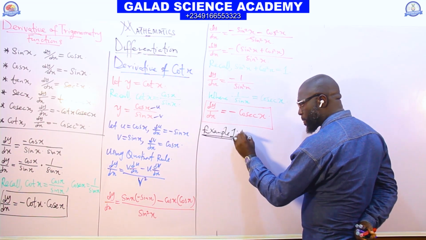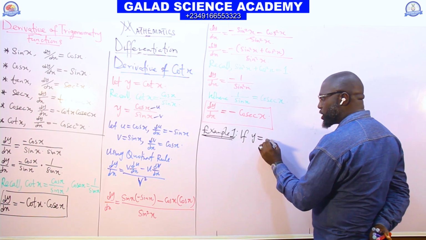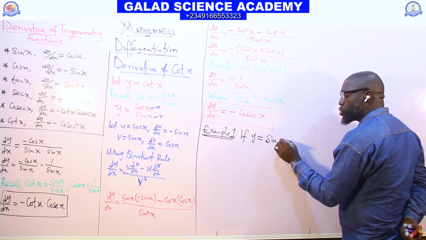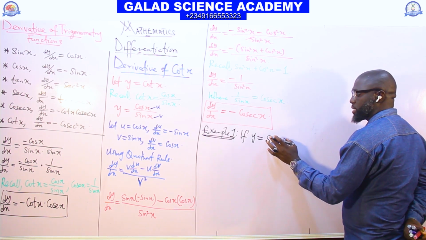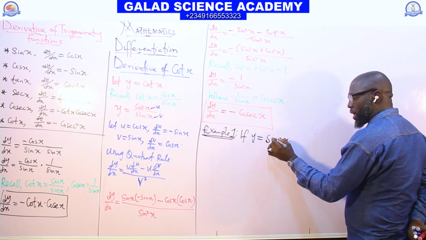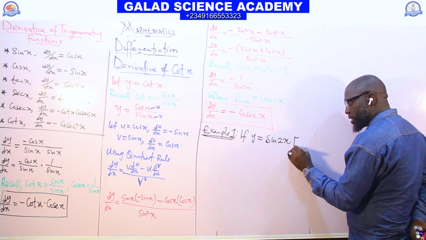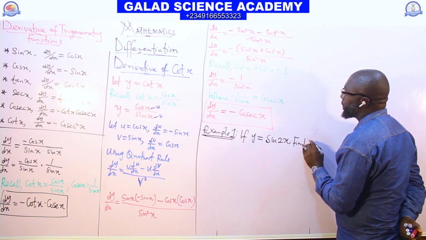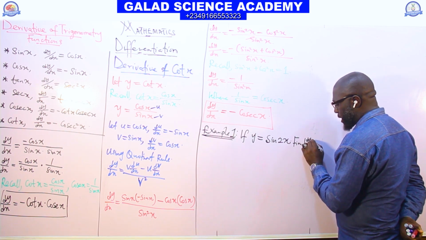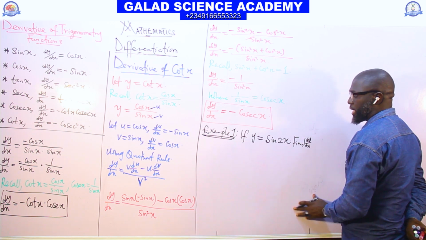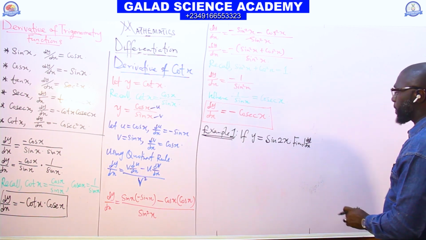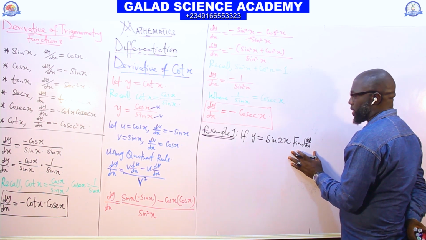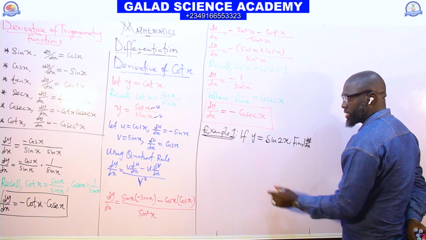If y is equal to sine 2x, then find dy/dx.